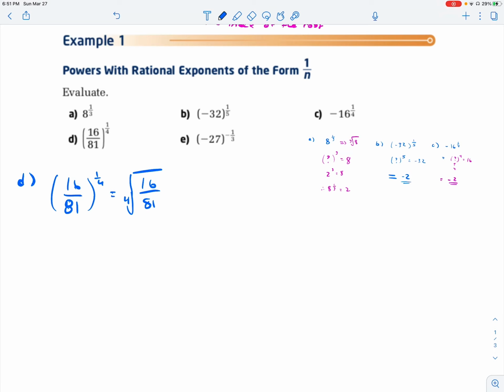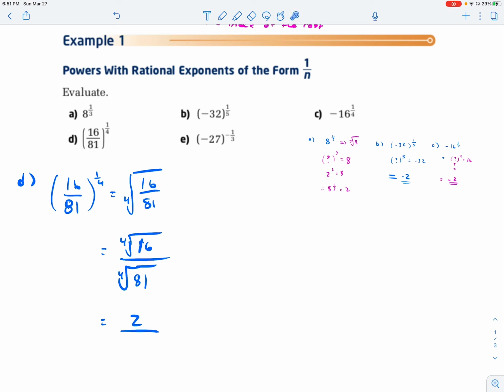So you can even think of it like this. You could split it up. You could do the fourth root of the top divided by the fourth root of the bottom. Okay, so what number times itself 4 times gives you 16? Well, that's just going to be 2. We did that in the last question.